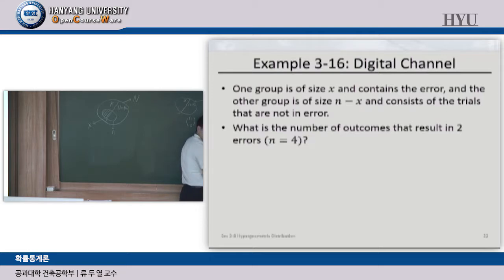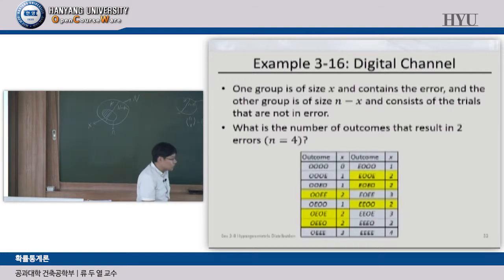And the 2 factorials can be eliminated, and 2 and 2 is left here. So that's equal to 6, right? So this is the table of all the outcomes that we can obtain from this case. And as you can see, the number of outcomes which result in 2 errors is 1, 2, 3, 4, 5, 6. Okay?